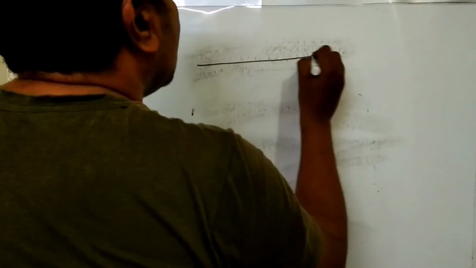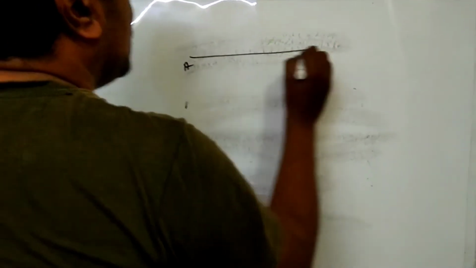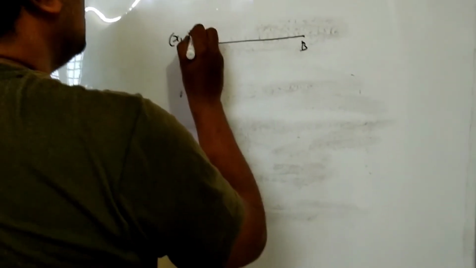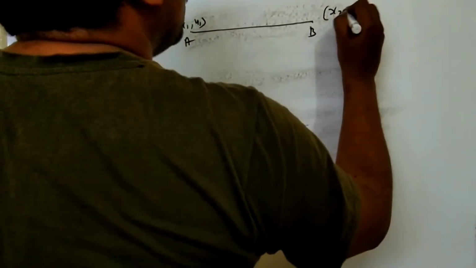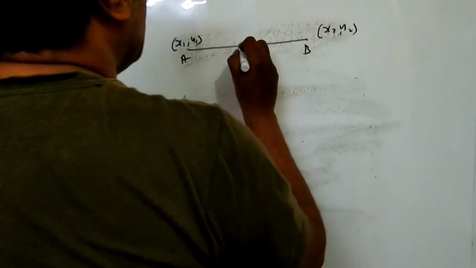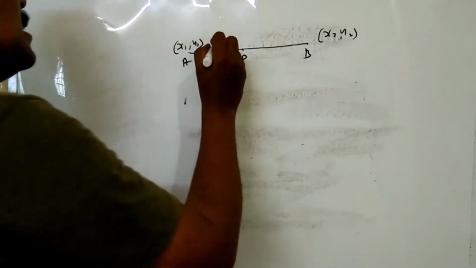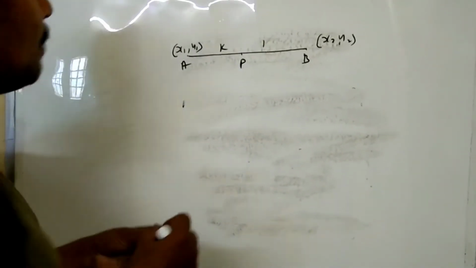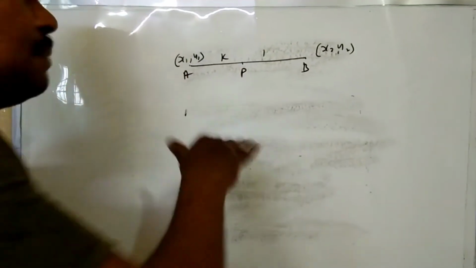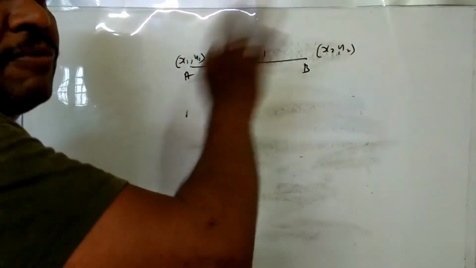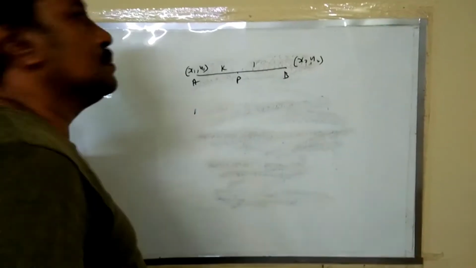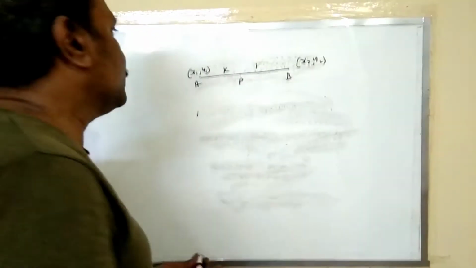The next one is, suppose A has coordinates (x1, y1) and B has coordinates (x2, y2). P is a point which divides the line segment in the ratio k:1, I mean 2:1, 3:1, 5:1, or 1:2, 3:2, 5:2, or 1:k.